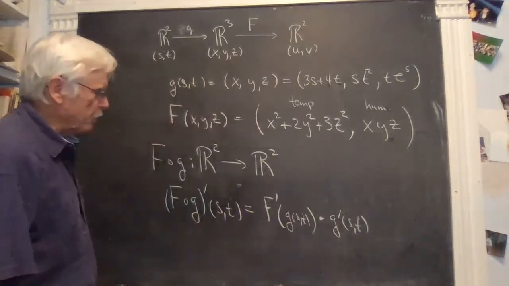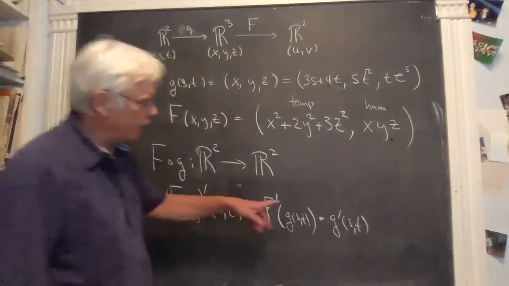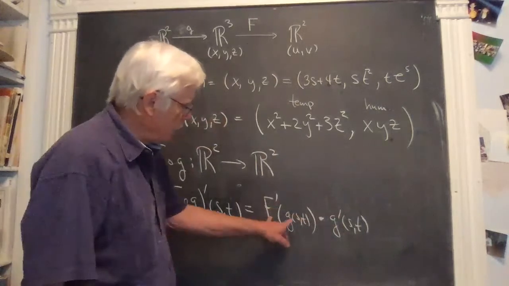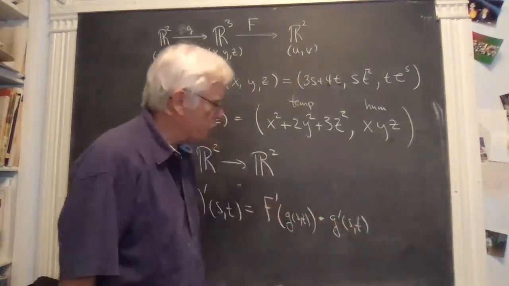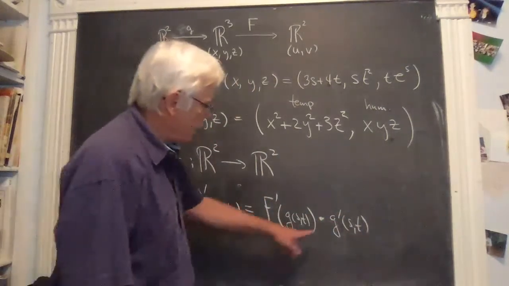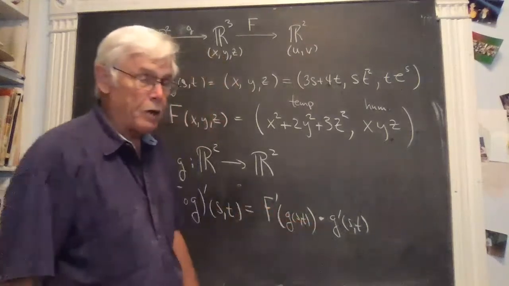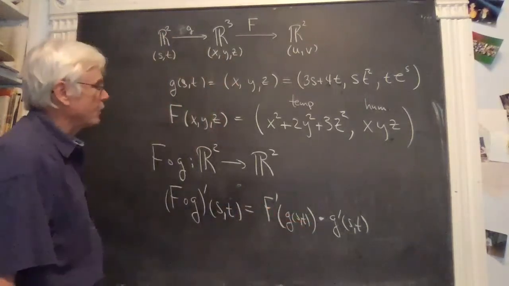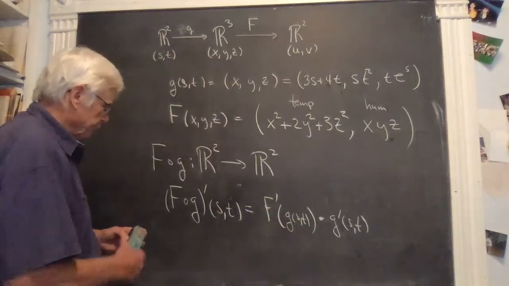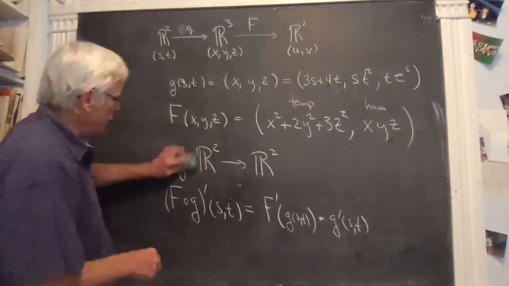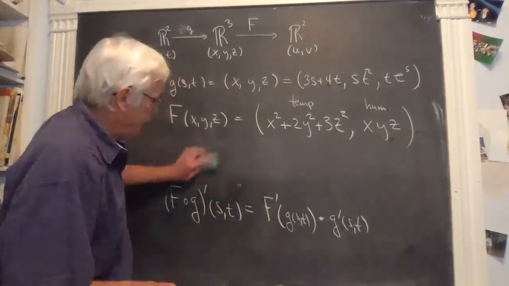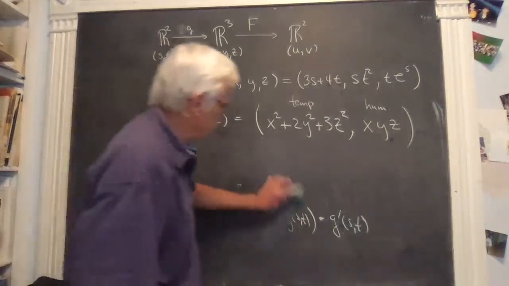So this is the chain rule at work, and I'd like to do this computation. Each one of these is a matrix. We'll compute those matrices, and this multiplication is matrix multiplication. So let's take a look. Two things to compute, f prime and g prime.